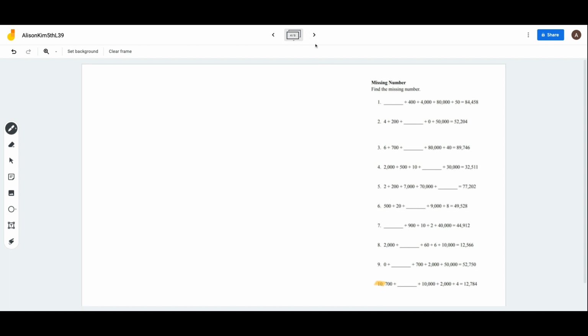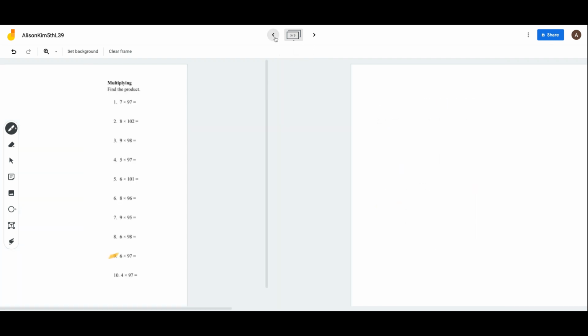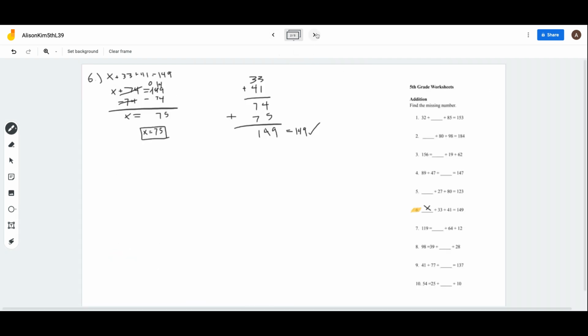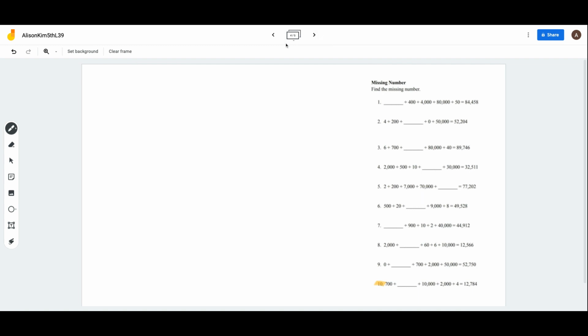For this one, we're going to be finding the missing number. I think it's going to be basically the same as what we did over here in the addition worksheet. We're going to do number 10, and remember, in this missing place, we're going to put a variable of x.